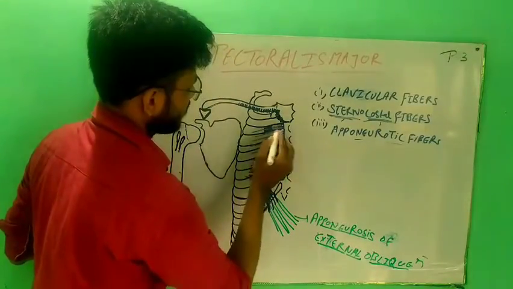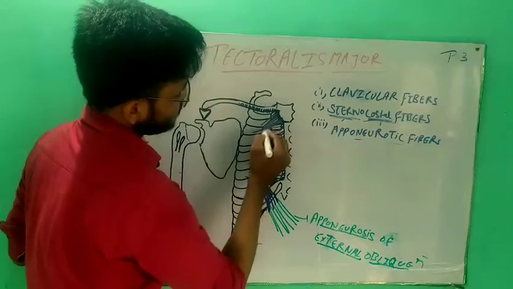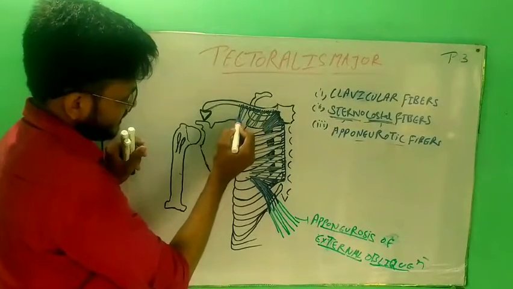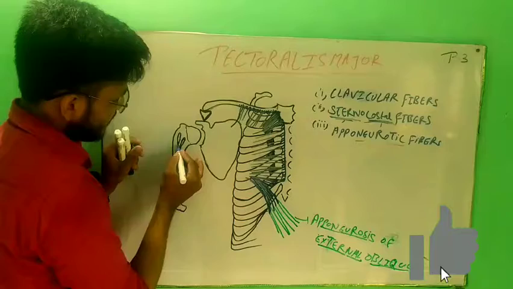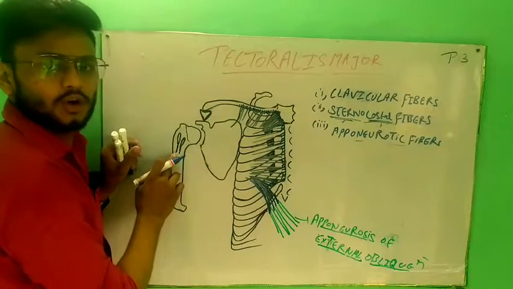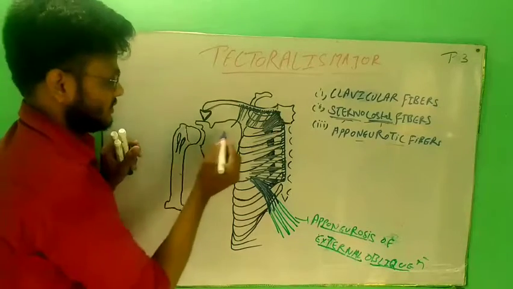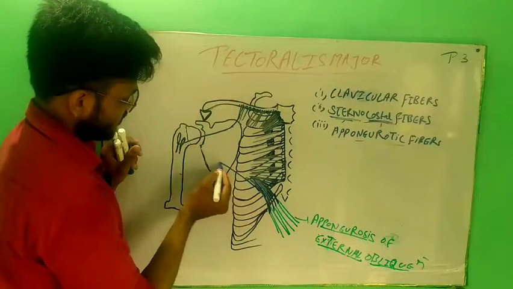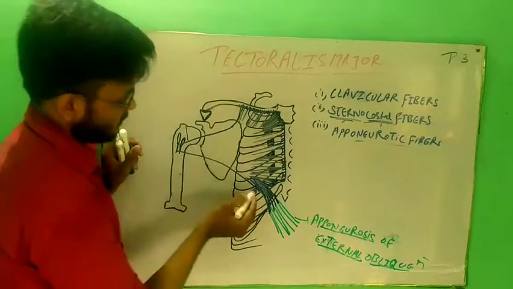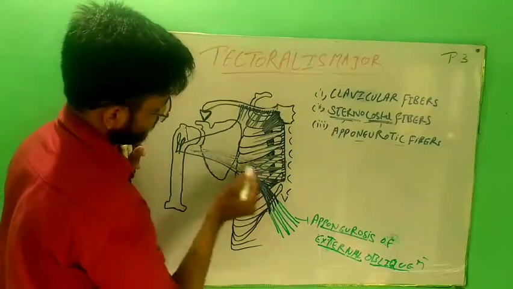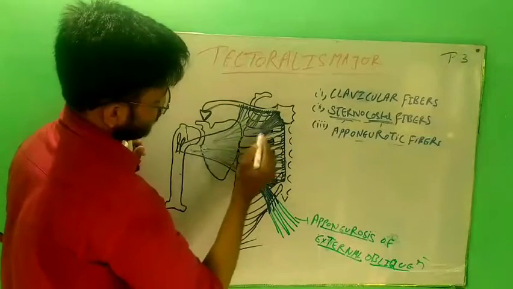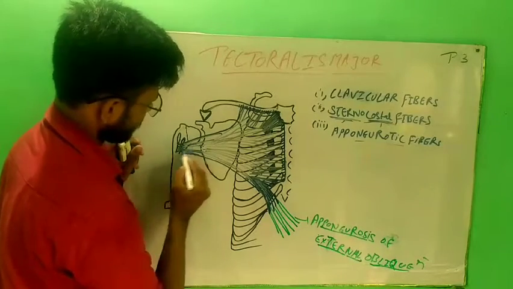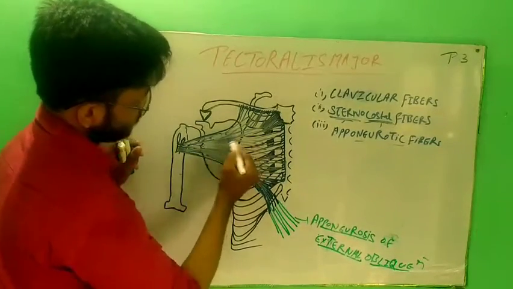The manubrium fibers and clavicular fibers, all fibers are joined together and insert into the lateral lip of the bicipital groove of the humerus. These are the origin and insertion.